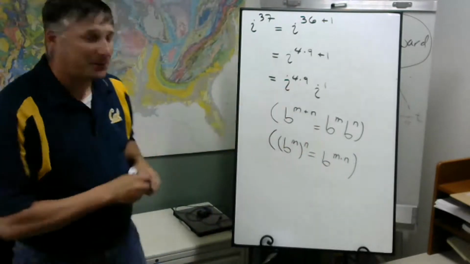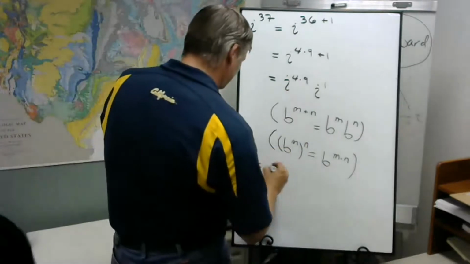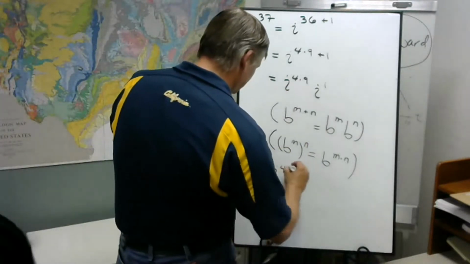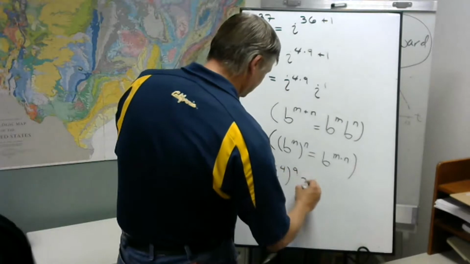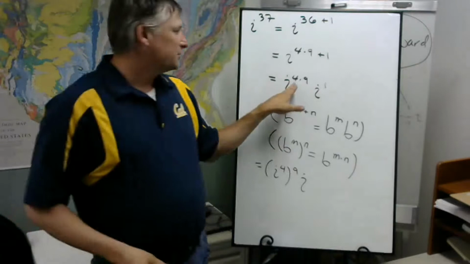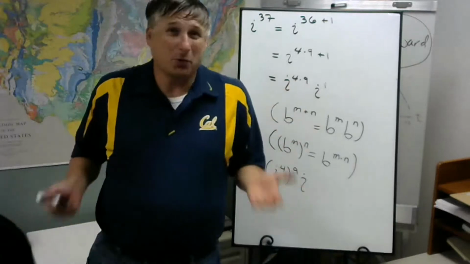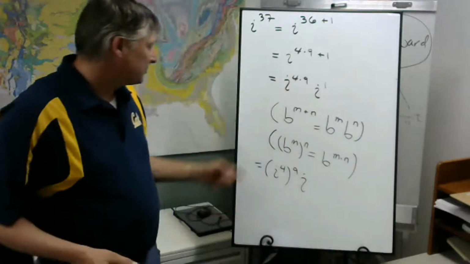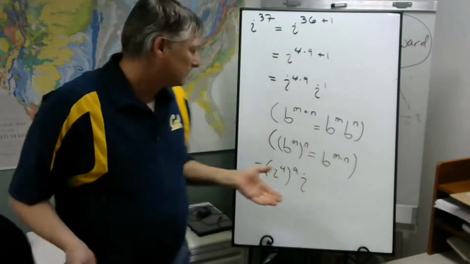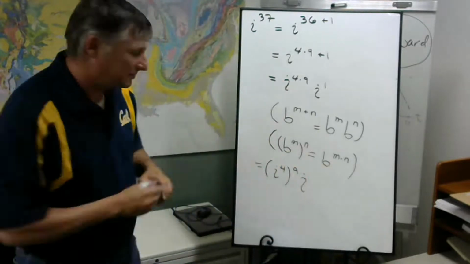And that's what we're going to do with this. The reason why I'm interested in i to the 4 is that it's always going to be 1. So this will be 1 to the 9th power, which is just 1. It gets rid of all these i's.